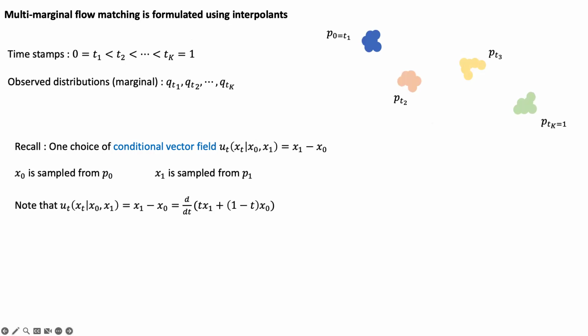But you can observe that actually this is a time derivative of the following quantity. Right? But can you guess what this is? Yeah, actually it is an interpolation between x0 and x1.